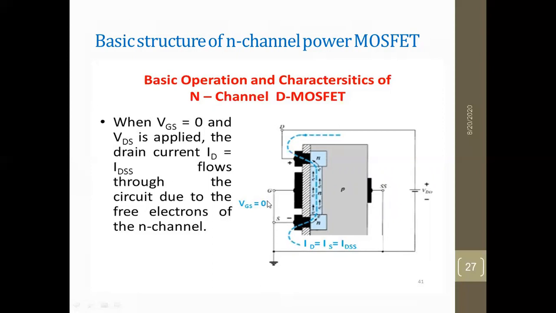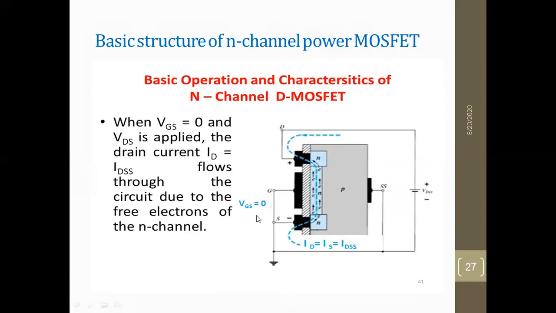In the N-channel depletion type MOSFET, when VGS is equal to 0 and VDS is applied, the drain current ID equals the drain to source current and flows through the circuit due to the free electrons in the N channel. Why? Because this is completely short circuited, which makes VGS equal to 0.